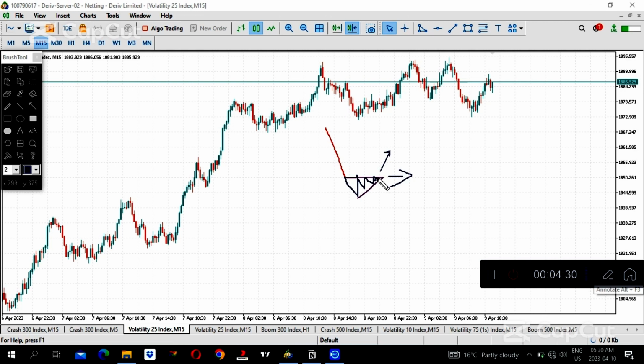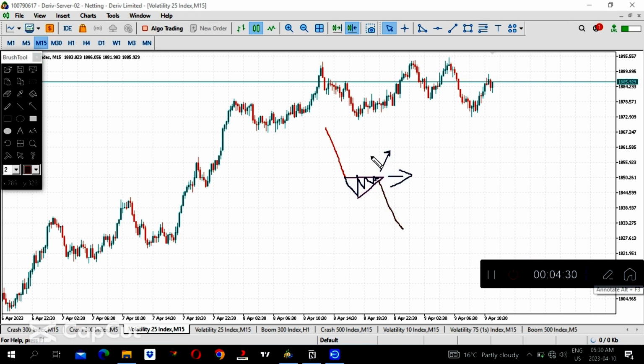So whenever you see a tight consolidation, anticipate an impulse either to the upside or downside. Why? Because the market can't keep on consolidating in this one small area. So there will be an impulse either to the downside or to the upside. Though for descending triangles and ascending triangles, we anticipate that the trend will continue.